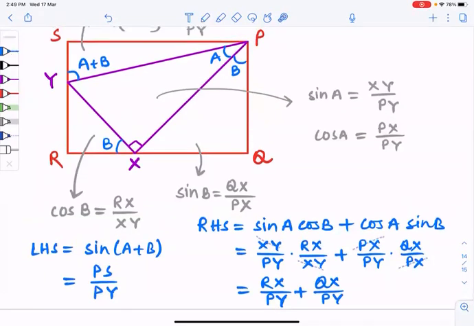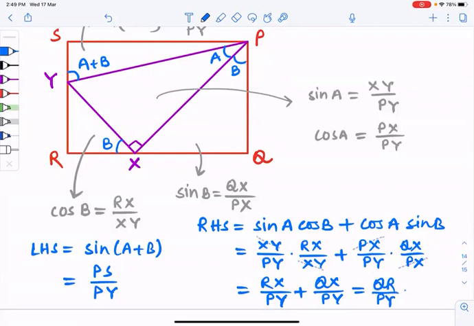So PY is there in the denominator here and here also. What is RX and QX? RX is this much, QX is this much. So if I add them, I will get this as RQ, or we can also write QR by PY.